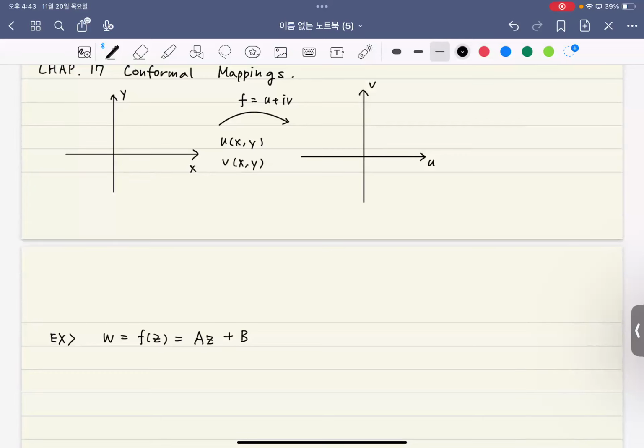If you add a complex number b, you may consider it as a parallel translation by b, right? So z to z plus b is a parallel translation. What about multiplying z by another complex number a? You can consider it as a stretch or shrink and rotation, right?